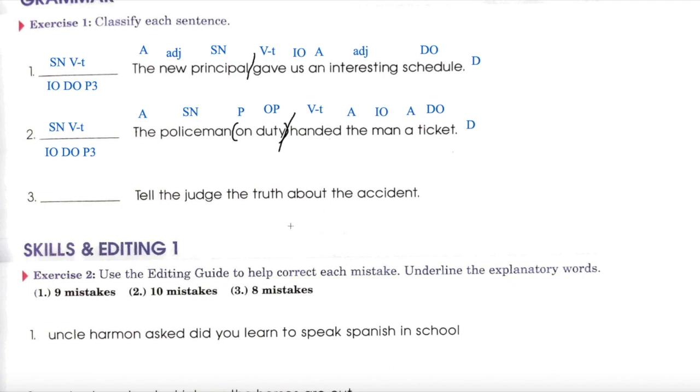Okay, sentence 3: Tell the judge the truth about the accident. Who tell the judge the truth about the accident? You, implied. So you is our subject pronoun.